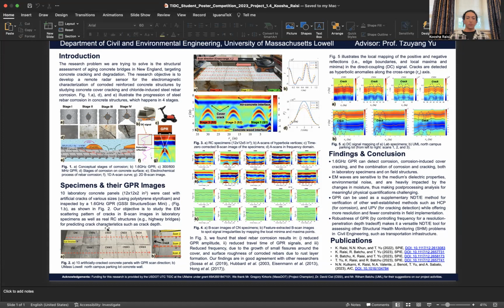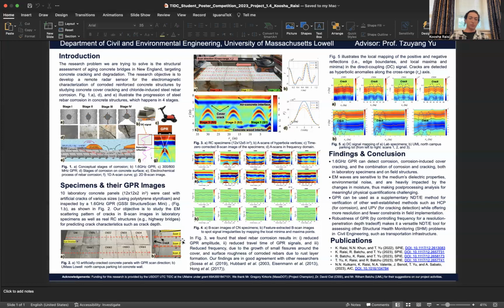And we used styrofoam to implement cracks, rectangular cracks, so to speak, cross-sectional cracks of various sizes, so we can try to see how the scattering pattern affects our GPR B-scan image and how we can quantify it from there. And of course, laboratory work is only half the job, so field work has to be done.